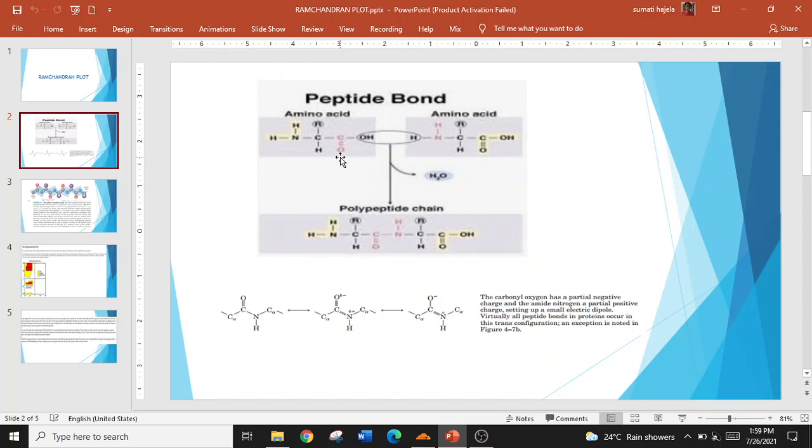So, Linus Pauling and Robert Corey in the 1950s worked on protein structure. Their first focus was on the structure of the peptide bonds. It is known that all the proteins are made of L amino acids. This fixes an arrangement at the alpha carbon, and this is the alpha carbon.